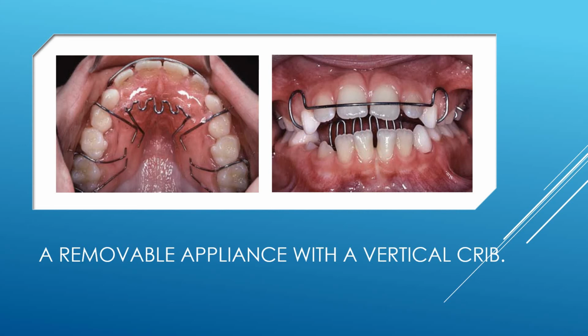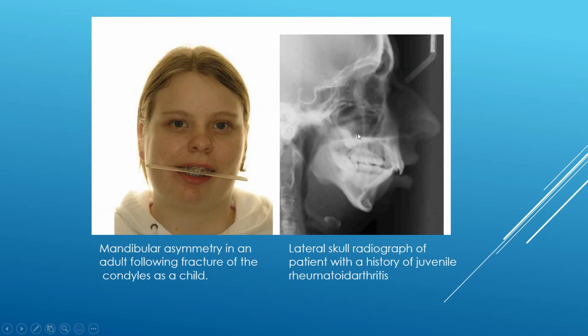A number of pathological conditions can contribute directly to a malocclusion, causing either skeletal discrepancies or more local effects upon the dentition. Here you can see the fracture of the condyle.